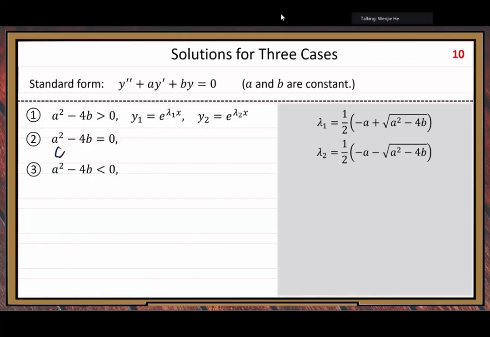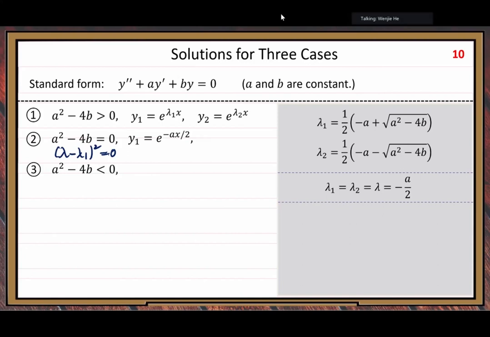Your characteristic equation is like this: lambda minus lambda 1, squared, because the two roots are equal, so there is a square here. But when you write the first solution, you can use y1, because you have a lambda you can use, negative a over 2.